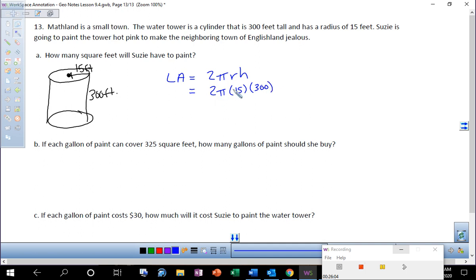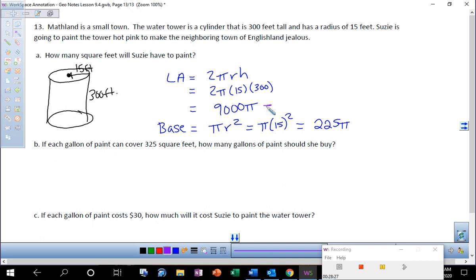So multiply those together. 2 times 15 times 300 in terms of pi should give you 9,000 pi. And then we have one base, just the one base. So pi r squared for our one circle. Radius is 15. So 15 squared is 225 pi.